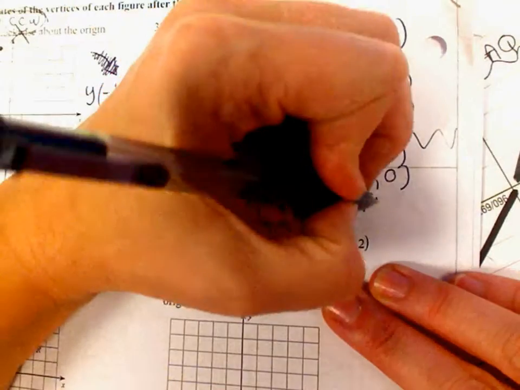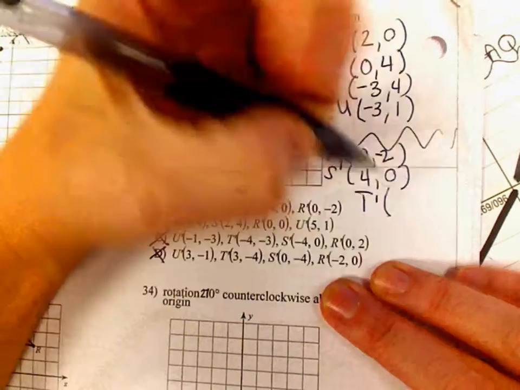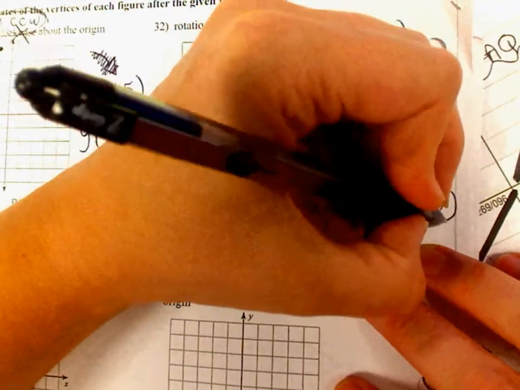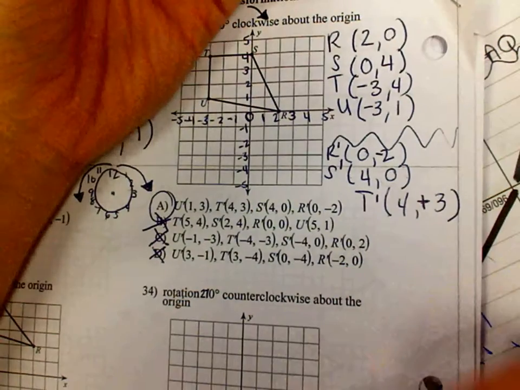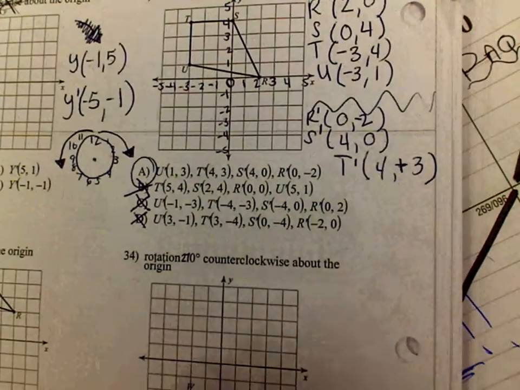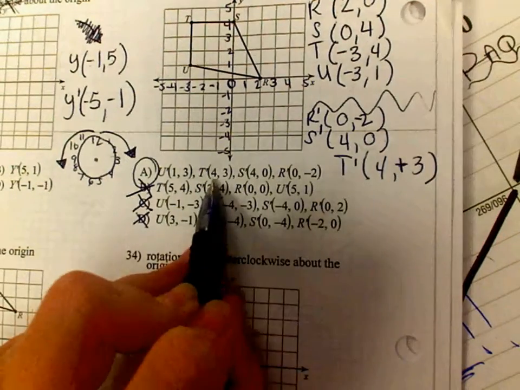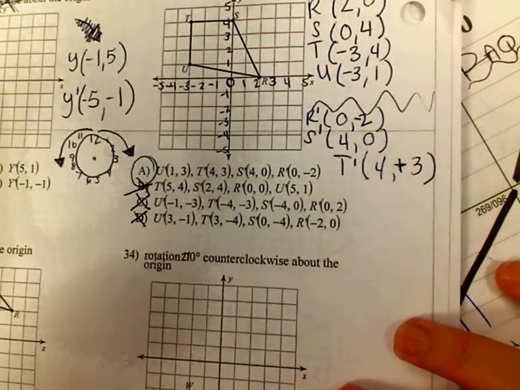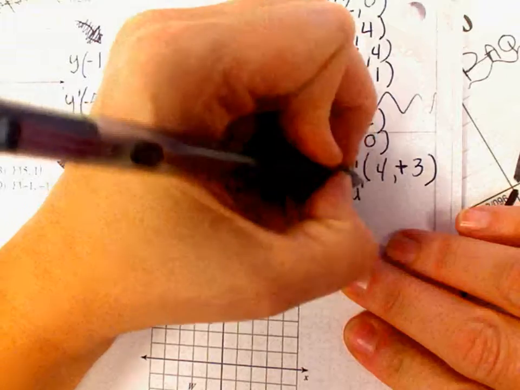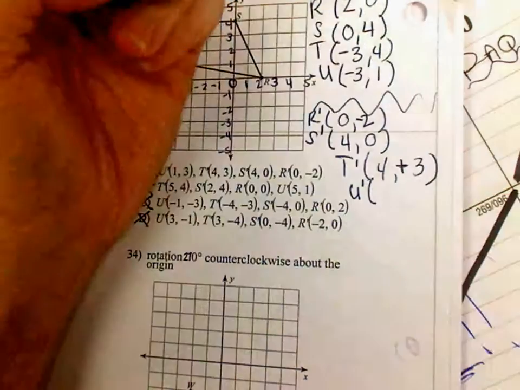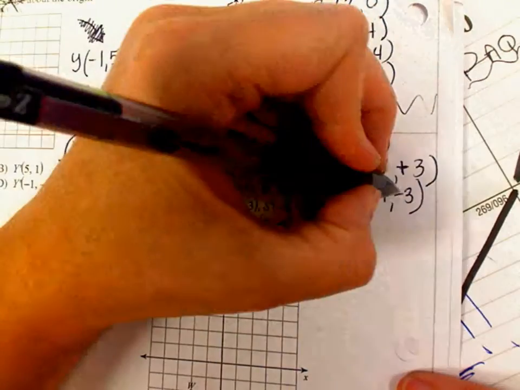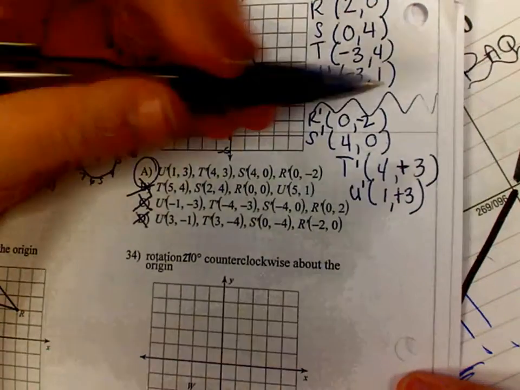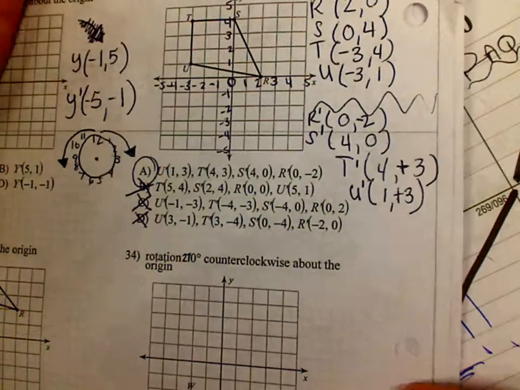T prime, -3 and 4 switch places, and for 90-degree clockwise, the one on the right changes sign. 4, +3. Looks like everything's matching up so far for our answer, so that's good. Now U prime, the -3 and the 1 switch places, and the one on the right changes sign. So 1, 3, and that's what our answer choice says, so we're definitely correct.